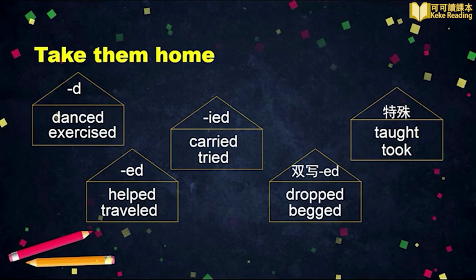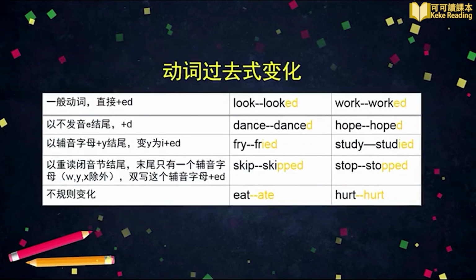Let's check out. 一般动词直接加 ed。For example, look, looked, work, worked. 以不发音 e 结尾的单词加 d. Dance, danced, hope, hoped. 以辅音字母加 y 结尾，变 y 为 i 加 ed.